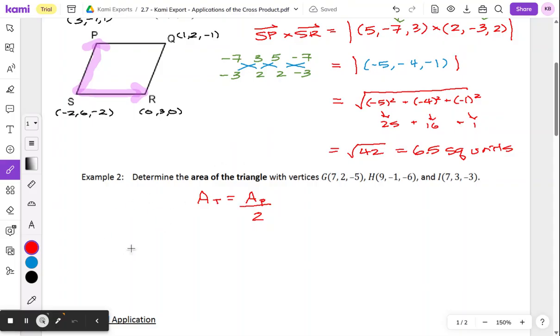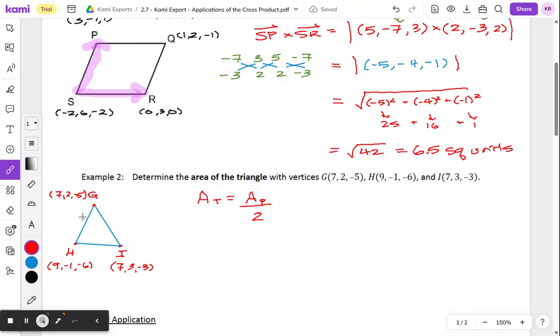All right. The placement of the vertices relative to each other doesn't matter, but I'm going to place them G, H, and I. Okay, so you can see here I've drawn my triangle.